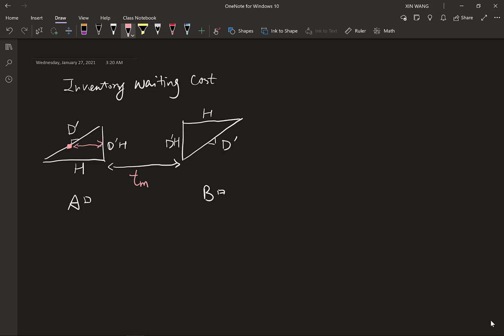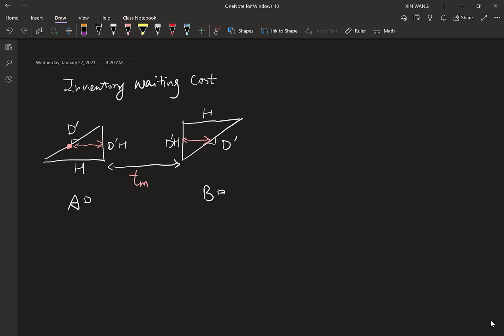And then it will be on the way for Tm, transportation time, and then it will arrive at location B, and then keep staying at location B for another period of time. So if we treat all the items equally, and we also treat the storage at location A and location B equally.